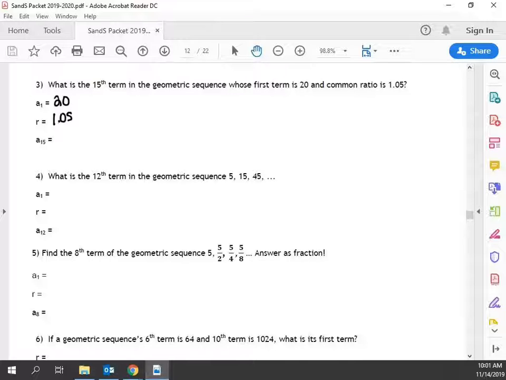The first term. So, 20 times that ratio. Well, this is the 15th term is what we need to find, right, guys? Raised to the 15 minus 1. 20 parentheses, 1.05 raised to the 14th power.